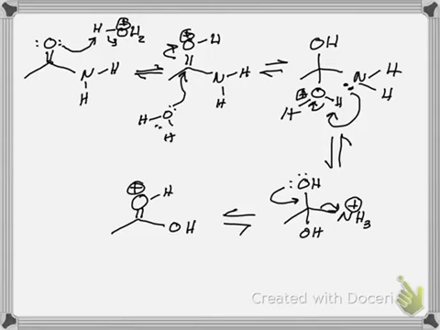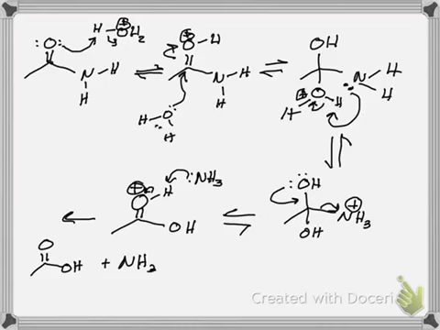So now you're at this point with your acid. The ammonia is the best base in there. This is the non-reversible step that puts you at the carboxylic acid and the quaternary ammonium salt.